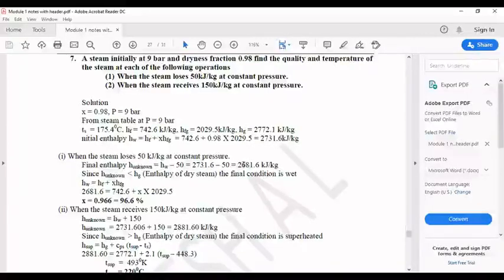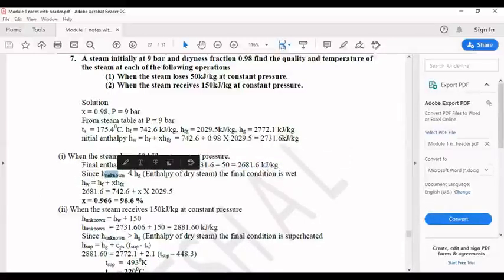If this value is more than Hg, then it is a superheated steam. But if the unknown value is less than Hg, then it is a wet steam. This value is 2681 and Hg is 2772. So obviously this value is less than Hg, and I got to know that this is a wet steam.